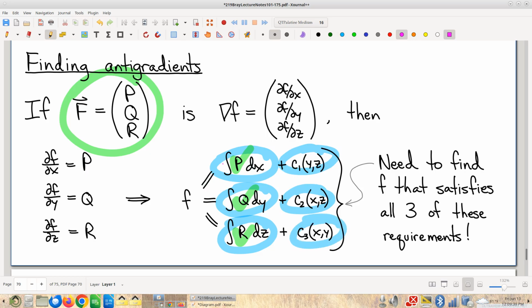And you're going to look at these three things and ask, is there a function that could equal all three of these things? Because that's what f has to be. If your vector field is going to be a gradient, it therefore has an anti-gradient. That anti-gradient has got to equal all three of these things. And you just play the game and see if you can.